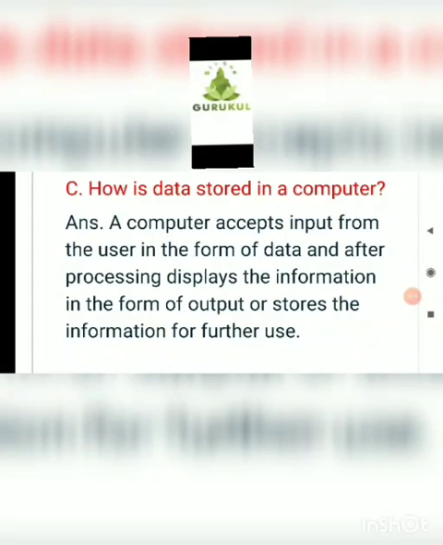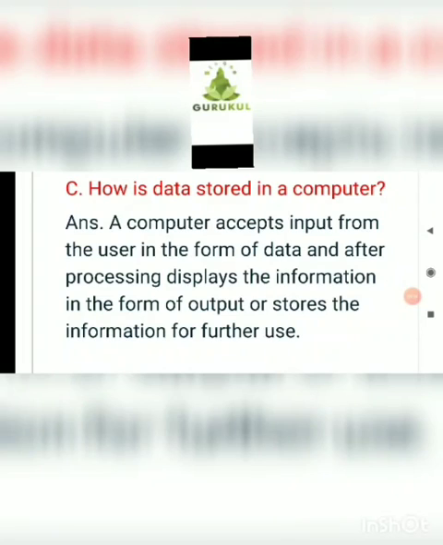So all the data will be converted into the form of zeros and ones. Then the computer will process the data and produce the result in an output device, the output unit.